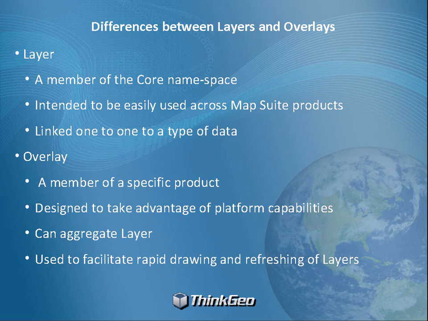And so overlays can be used to facilitate that kind of rapid refreshing. You can put a bunch of different layers that are very dynamic together in an overlay, and you can refresh all of them at once.